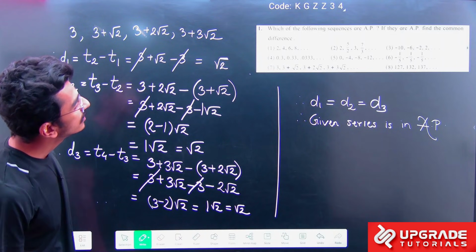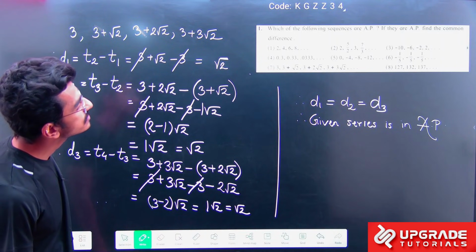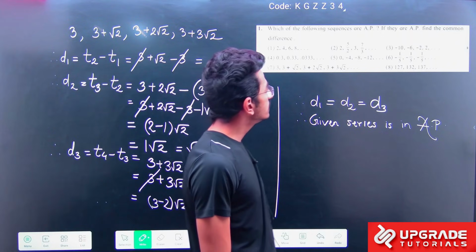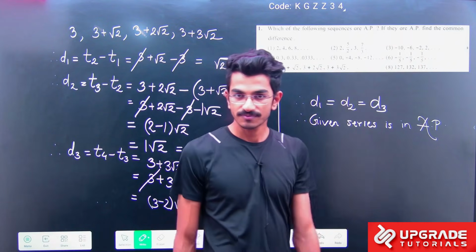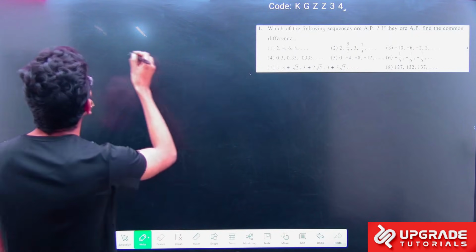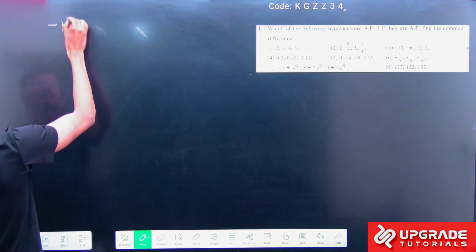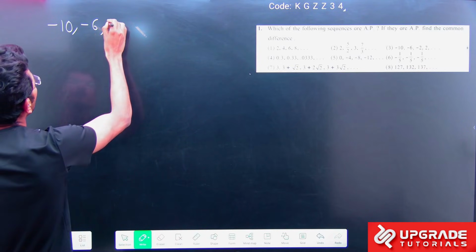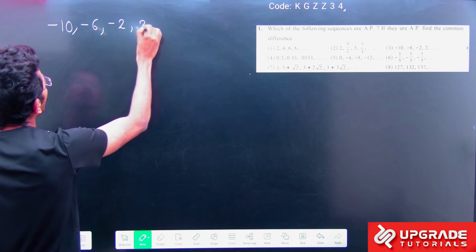Now if I talk about another sum, we'll check with the third question. Question number 3: minus 10, minus 6, minus 2, comma 2.